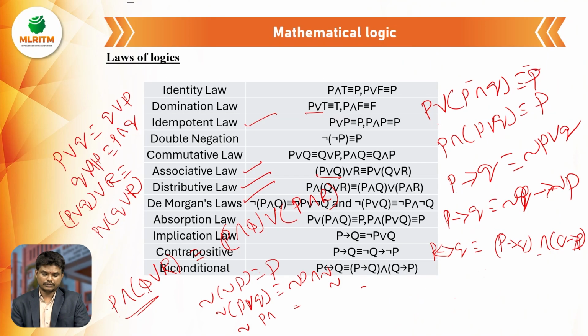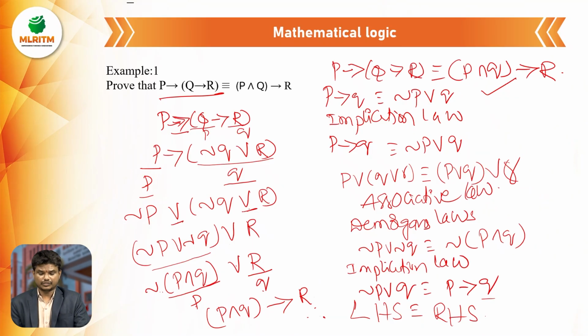So these are the laws of logic: identity law, domination law, idempotent law, double negation law, commutative law, associative law, distributive law, De Morgan's law, absorption law, implication law, contrapositive law, and biconditional law. By using these laws we solve without using a truth table.